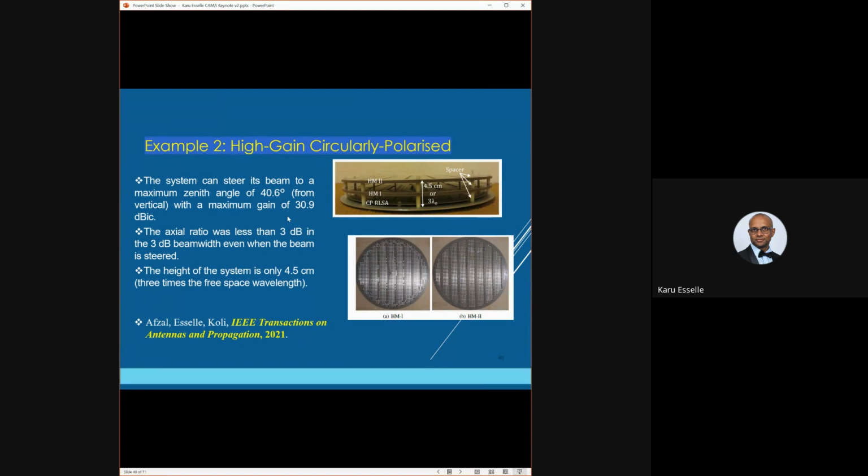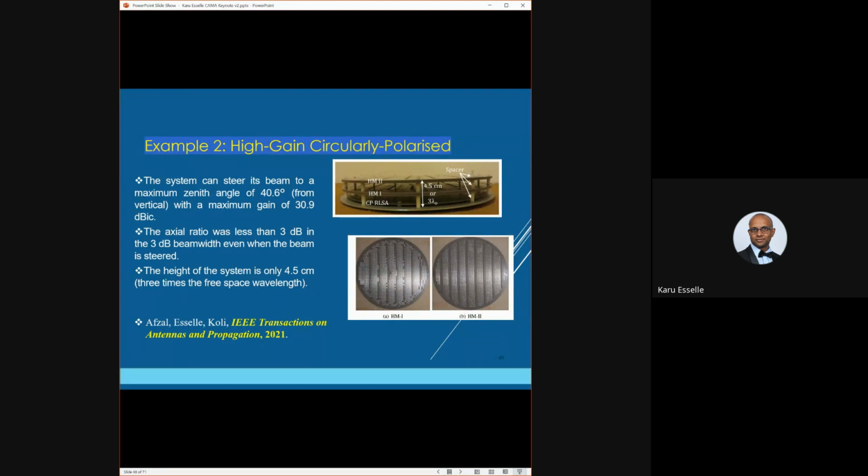So some of the parameters: the maximum beam tilt was 14.6 degrees. The maximum gain I already mentioned. The axial ratio is a way of measuring how good circular polarization is.